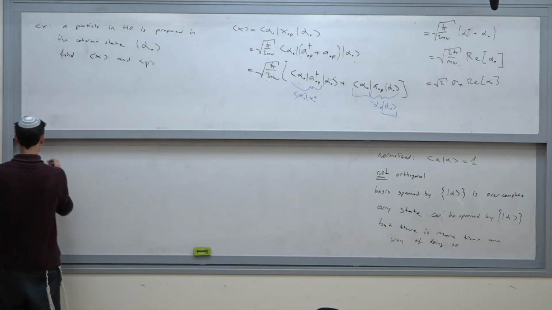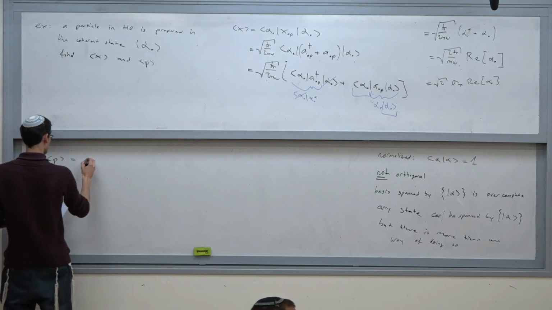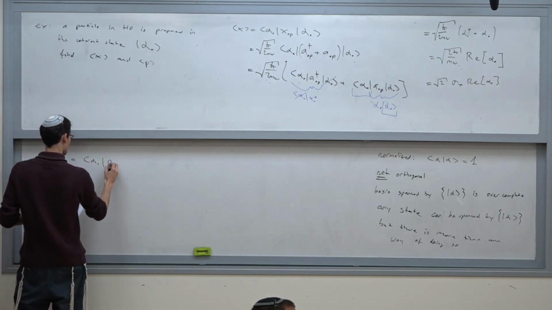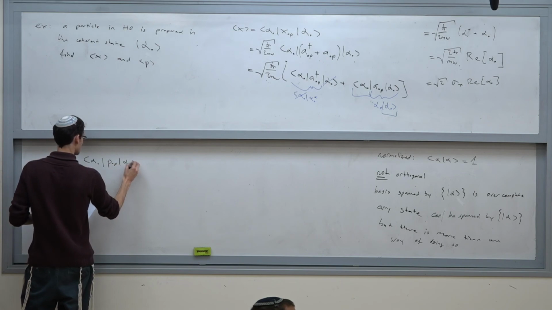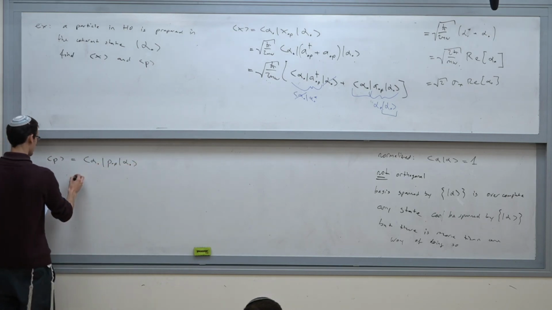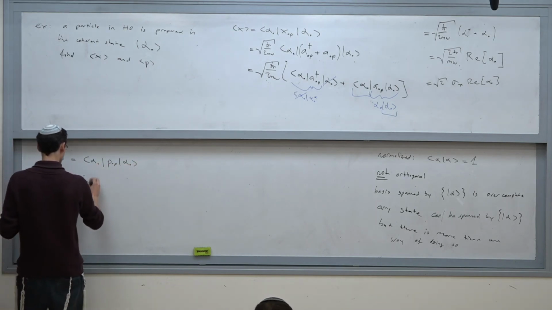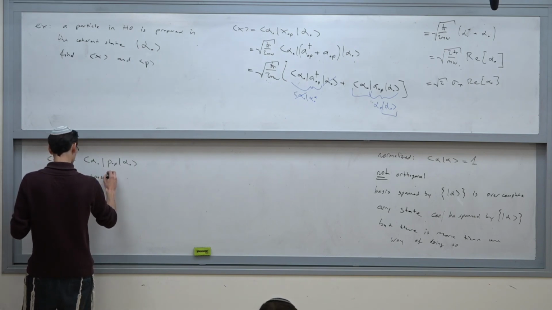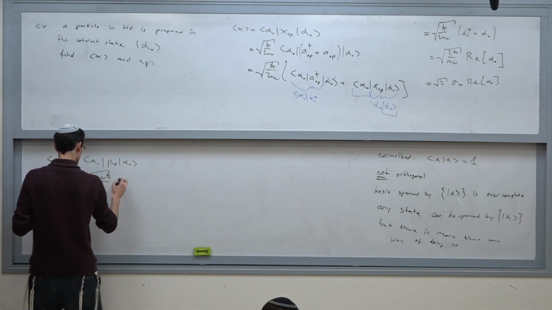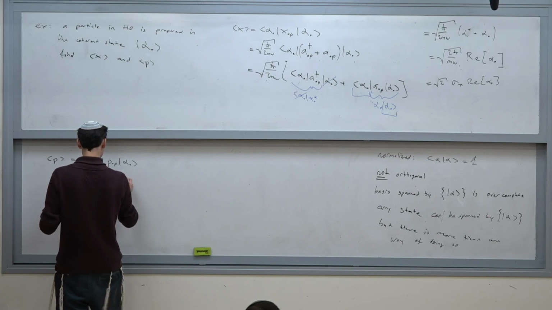Okay. So, average p, by definition, is acting with alpha on both sides of the p operator. The p operator is now written in terms of a dagger and a.